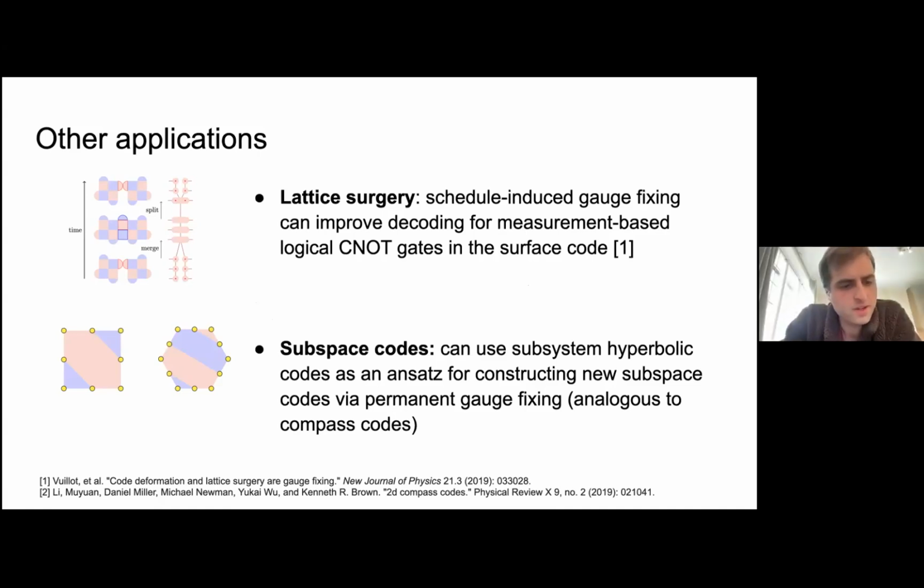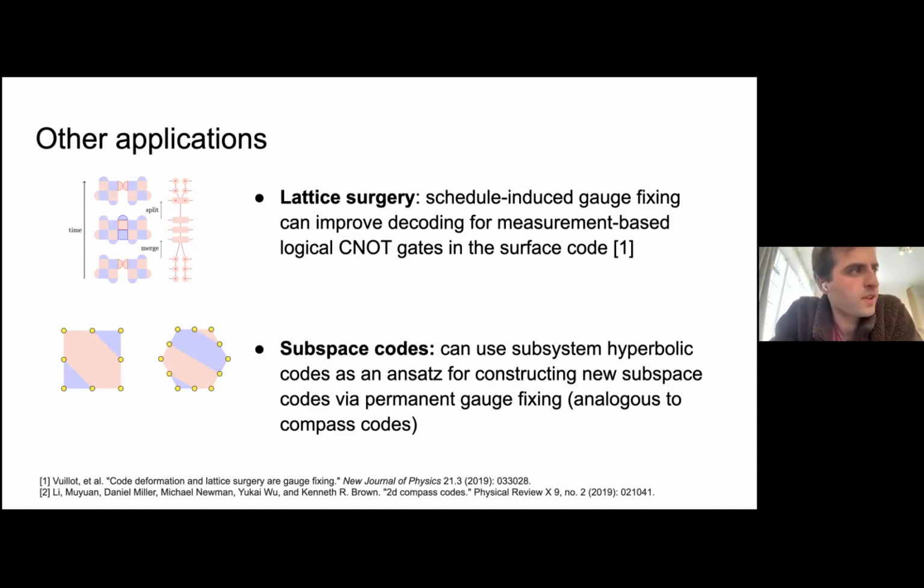Yeah, so compass codes are just gauge fixings of the Bacon-Shor code. The Bacon-Shor code therefore provides an ansatz to construct subspace codes, stabilizer codes. By subspace codes, I just mean a stabilizer code that has a trivial gauge group. Compass codes are just different permanent gauge fixings of the Bacon-Shor code.